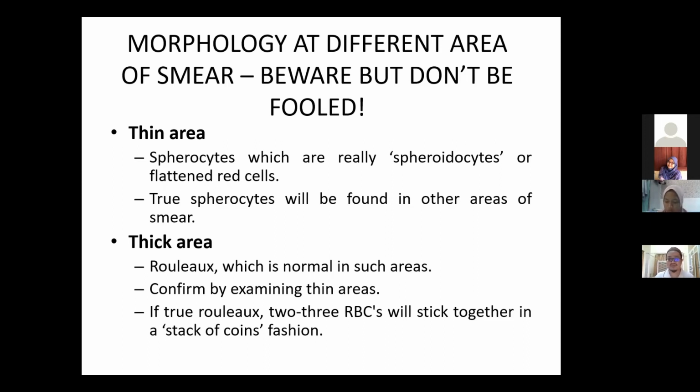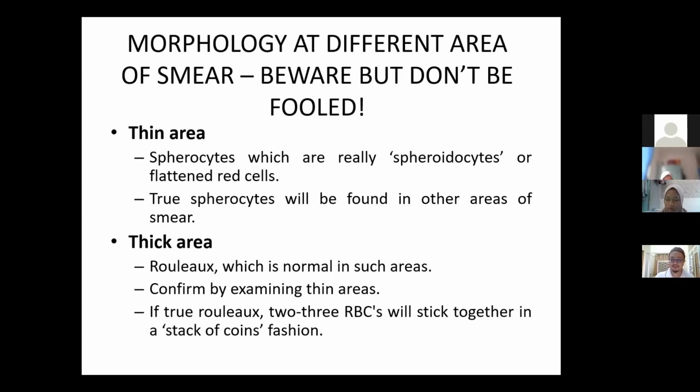That is rouleaux. It is normal in the thick area, and if the person has true rouleaux, we need to examine the thin areas. We will see rouleaux forming in the thin area too. If you only stick to the thick area, you might see rouleaux and misinterpret the data.